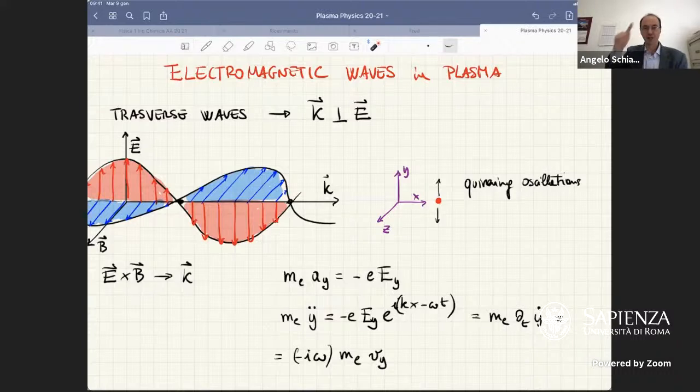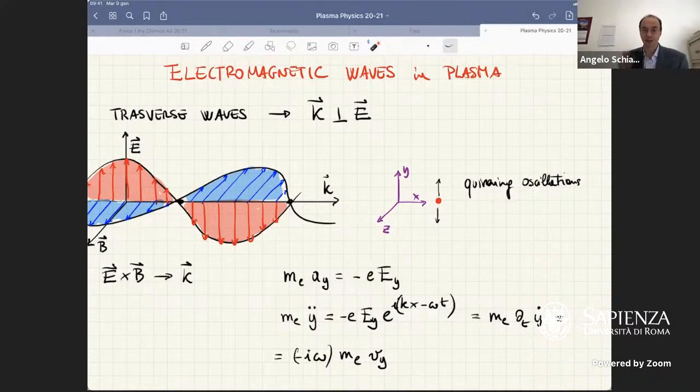So half of the oscillation is taking energy from the electric field, and in the other half the electron, being an accelerated particle, is giving back to the field its own energy. So there's no net energy transfer from the electromagnetic wave to free electrons, unless the electrons are interacting with each other or with the ions.